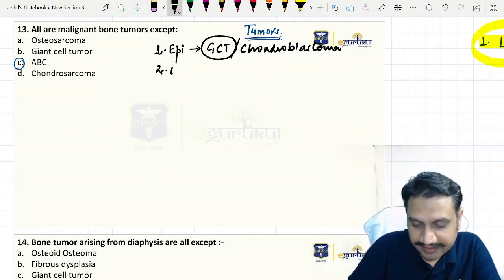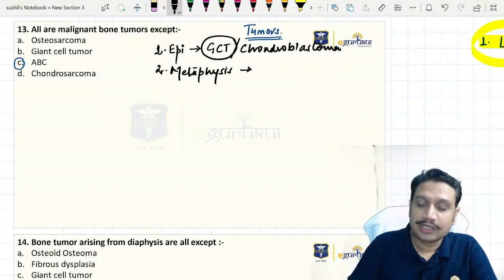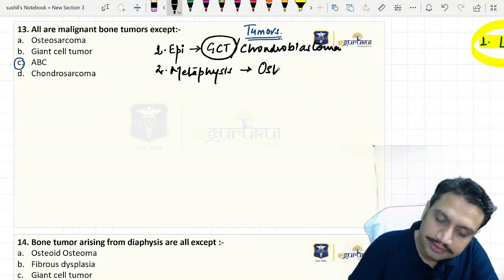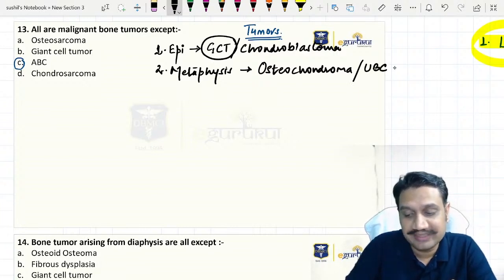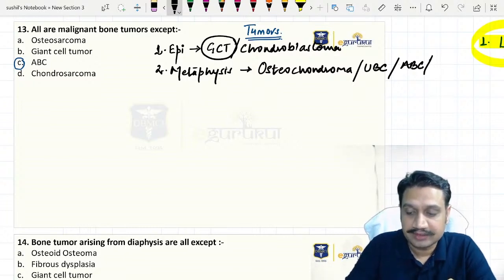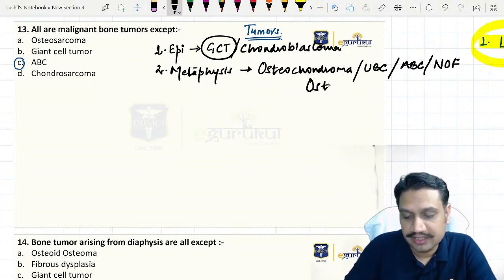Number two, at metaphysis, what all tumors do I want you to remember? Remember osteochondroma, the cartilage tumor, from where we have a possibility of questions being asked. Then unicameral bone cyst, UBC, aneurysmal bone cyst, ABC, then non-ossifying fibroma, NOF, and osteosarcoma.